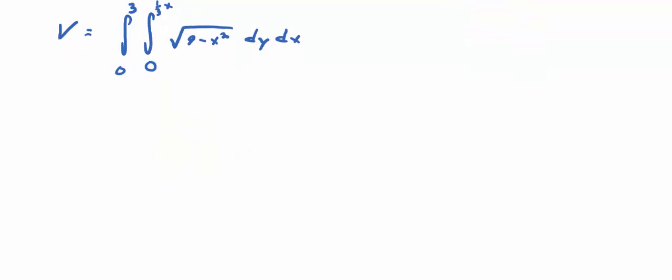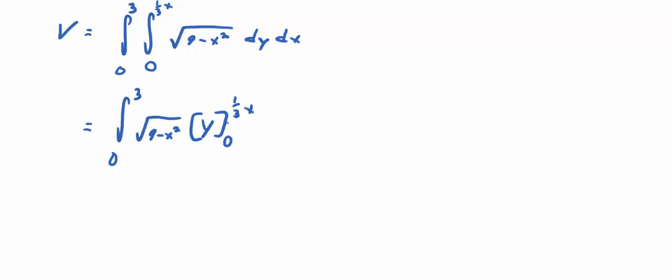Take a look. If I integrate with respect to y, I just get y times the square root of 9 minus x squared for the inner antiderivative, evaluated from 0 to 1/3 x. I'll put the y in the evaluation brackets and leave the square root of 9 minus x squared outside that.